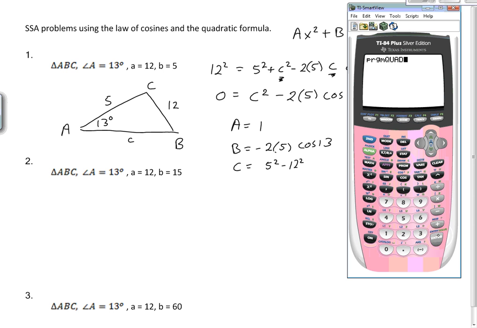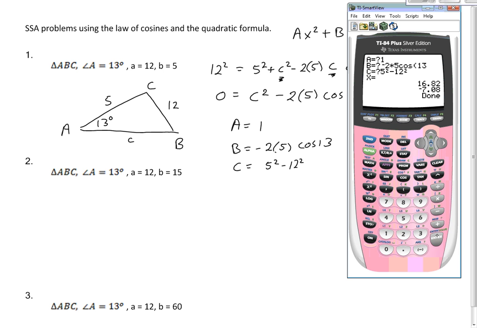So we get out the quadratic program, press enter, enter in 1, negative 2 times 5 times the cosine of 13, enter 5 squared minus 12 squared, press enter, and I got 2 solutions. One of them is 16.82 and the other is negative 7.08.